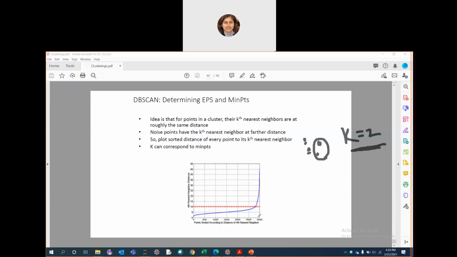And then if the k value is too large, small clusters of a size less than the k value are likely to be labeled as noise. If you consider the k value too large, let's make it 20 or 30, then the whole thing will become a cluster.